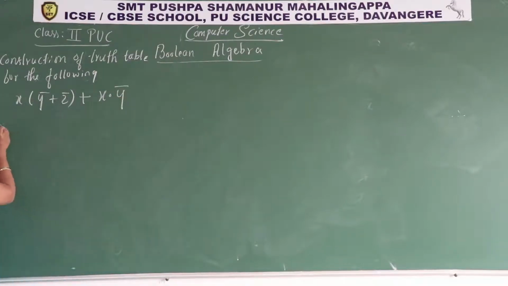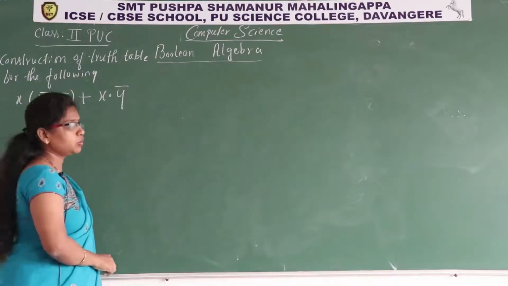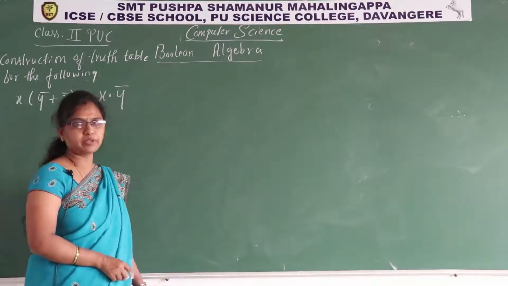Now, total how many different variables? 3 different variables. So 2 to the power of 3, we will get 8 combinations.